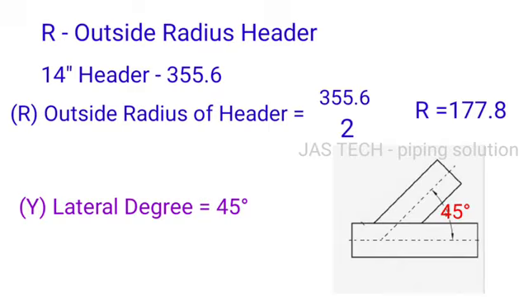So R equals 177.8 mm. Our lateral sample degree is 45. Normally 30 degree, 45 degree, and 60 degree laterals are fabricated, but our sample is 45 degree.